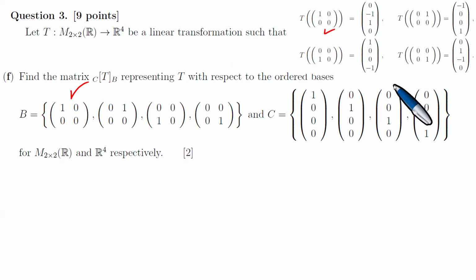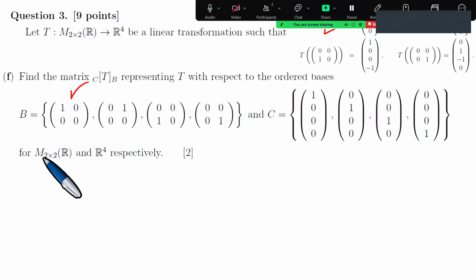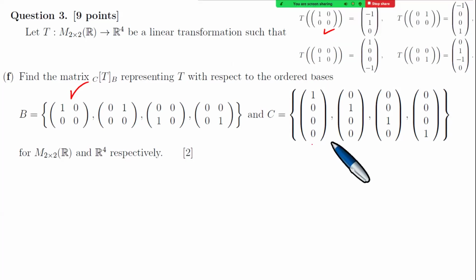Let me see if I can maximize something here. So now we are making the observation that 0010 can be written like this, and 0001 can be written like this, and 0100 can be written like that.